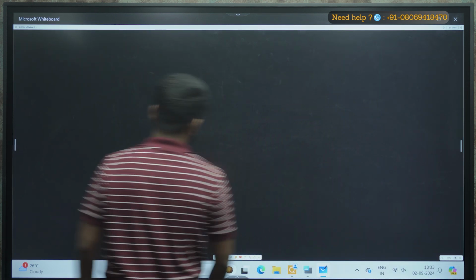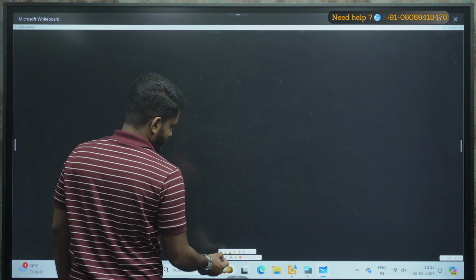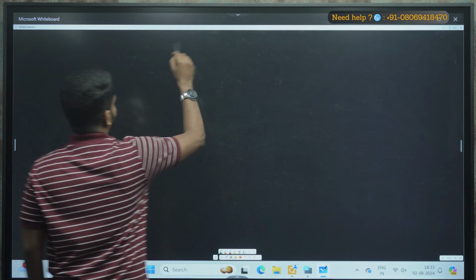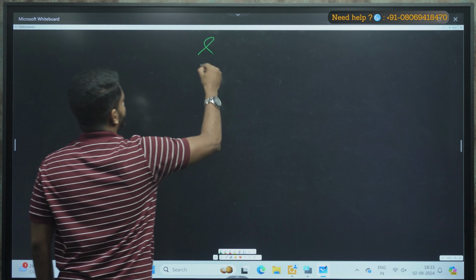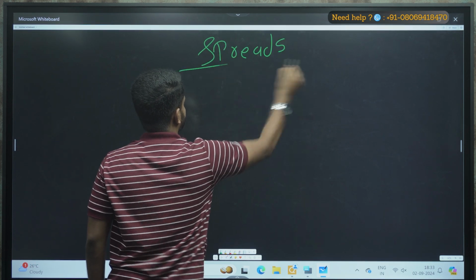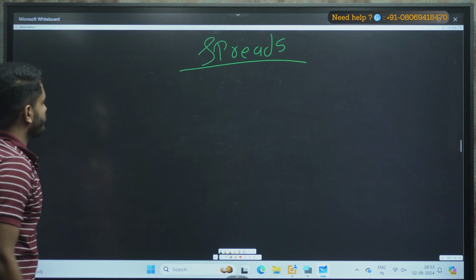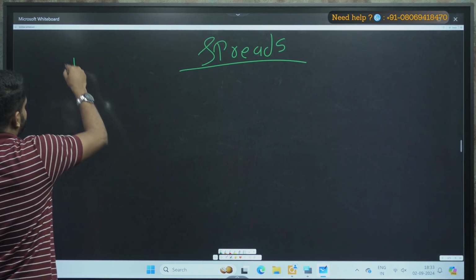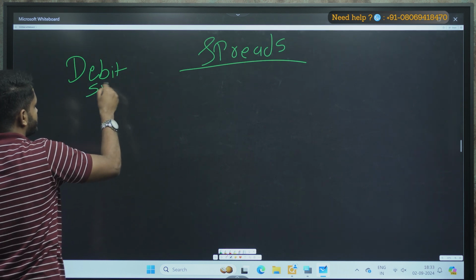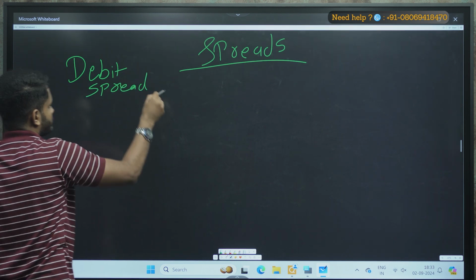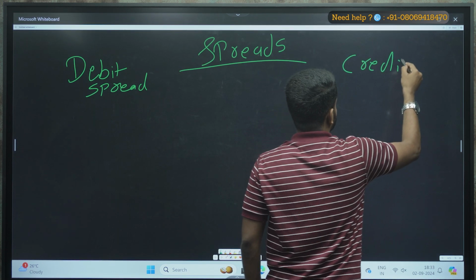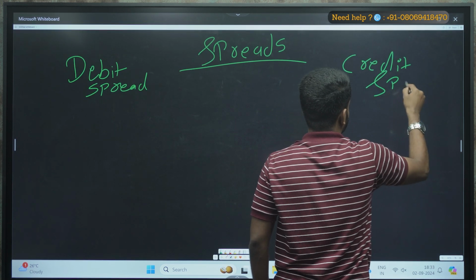Okay, so first, what are debit and credit spreads? First we'll understand spreads. Say for example this is debit spread, and here let's talk about credit spread.